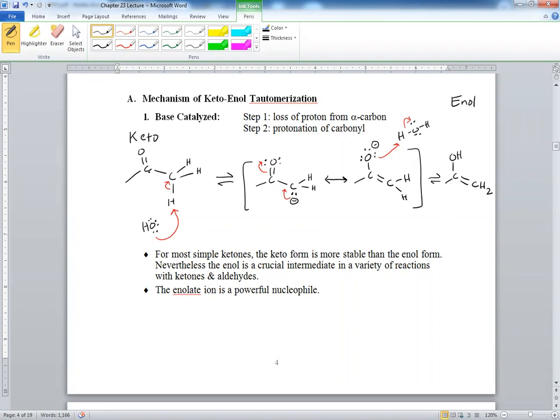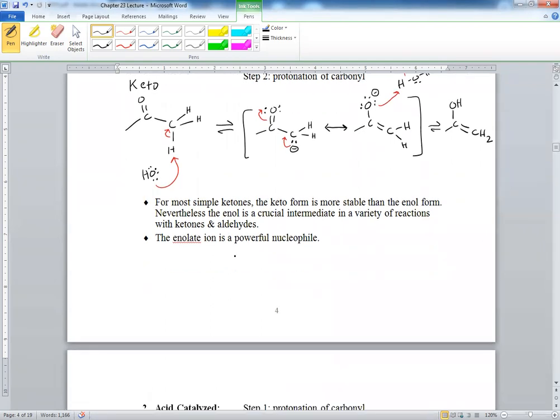If you have the ketone, then you will not be able to undergo these reactions that form carbon-carbon bonds. You may, again, attack the carbonyl, and we've seen those reactions in the last 3 chapters.